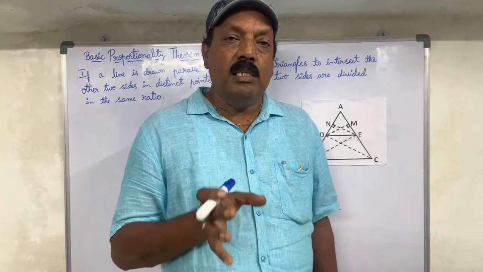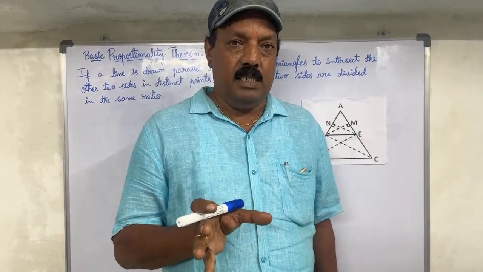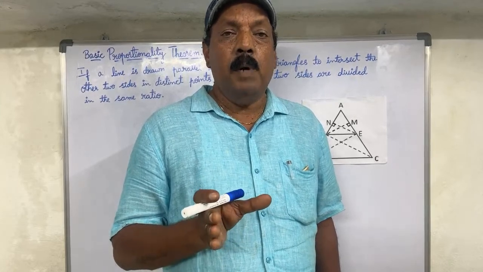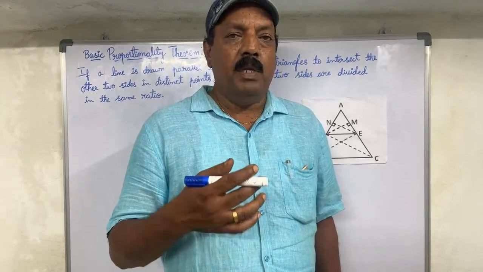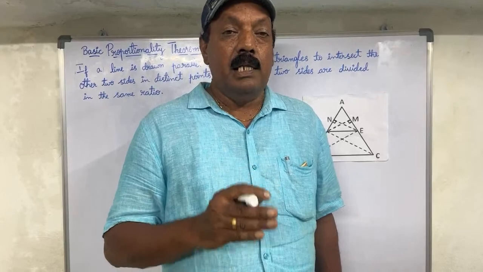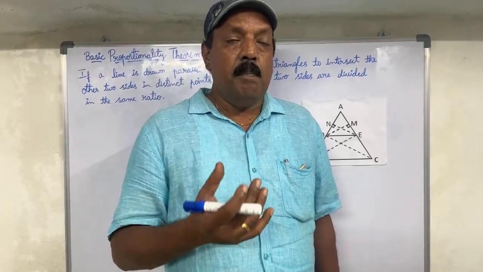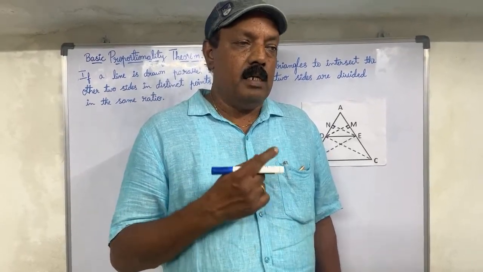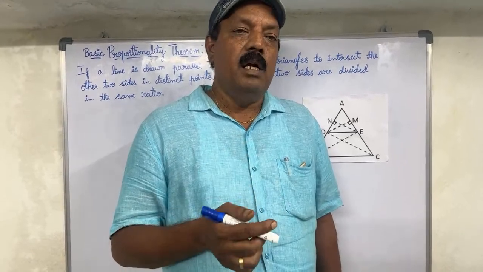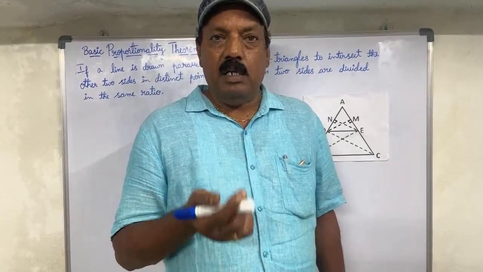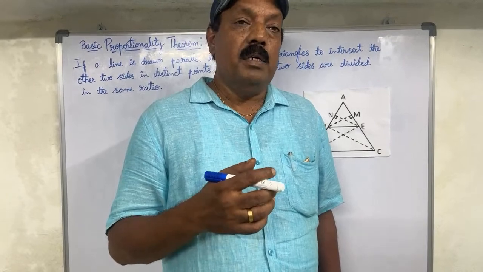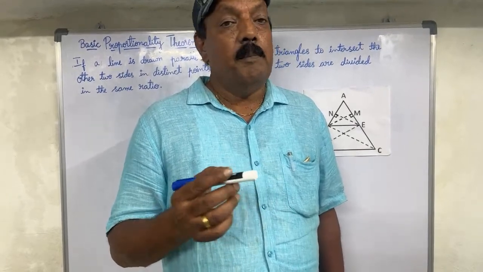Today I want to make this similar triangles chapter into four parts. The first part is the BPT theorem with the 8.1 exercise sums. The second part is the converse of the BPT theorem with the 8.2 exercise sums, the third part is 8.3 with the Pythagoras theorem, and the fourth part is 8.4 with the 8.6 theorem.